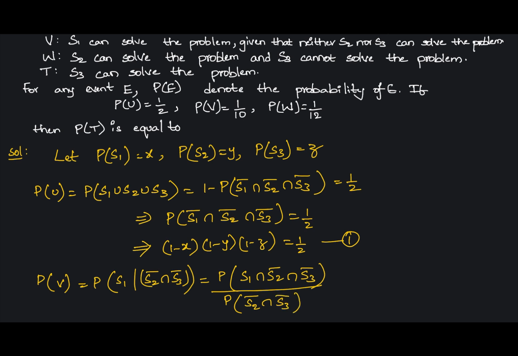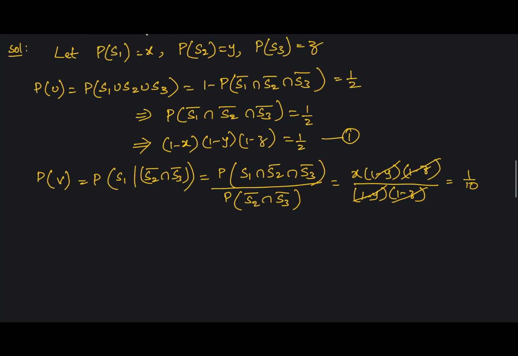It can be written as x multiplied by 1 minus y multiplied by 1 minus z divided by 1 minus y into 1 minus z, which is equal to 1 by 10. And now we cancel common terms in numerator and denominator, which implies that x equal to 1 by 10. And we give this equation number 2.